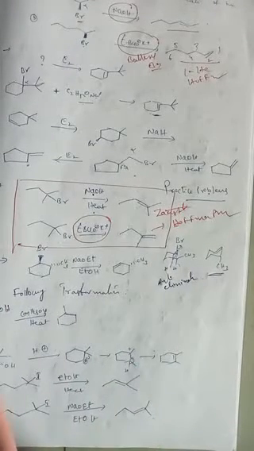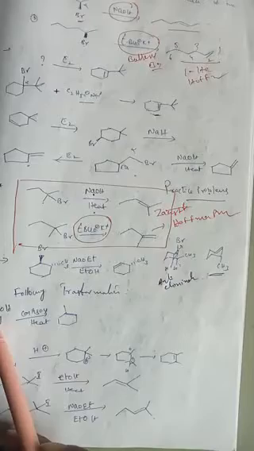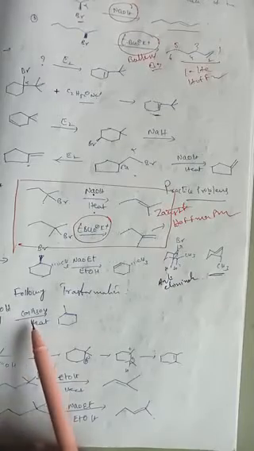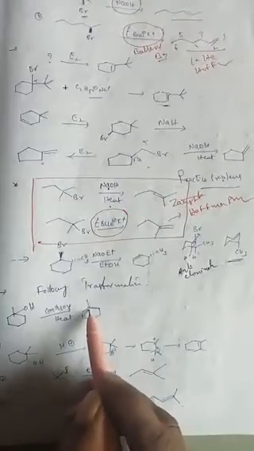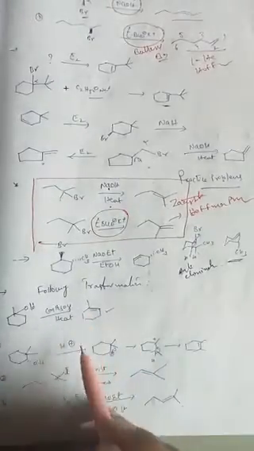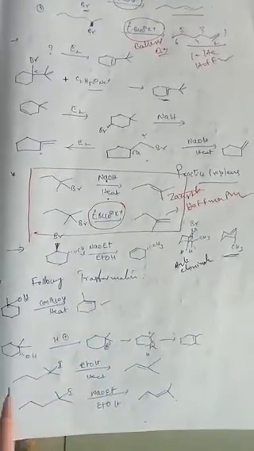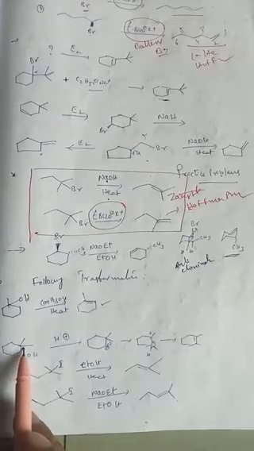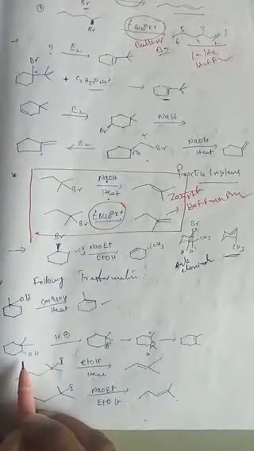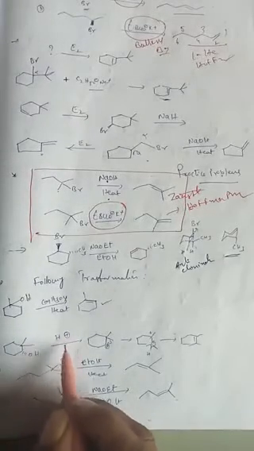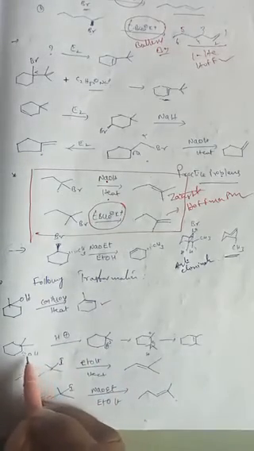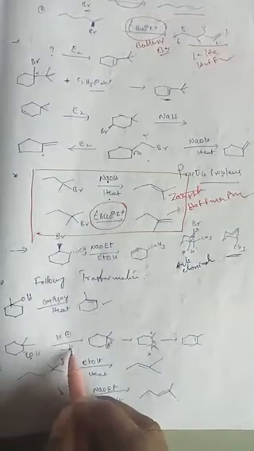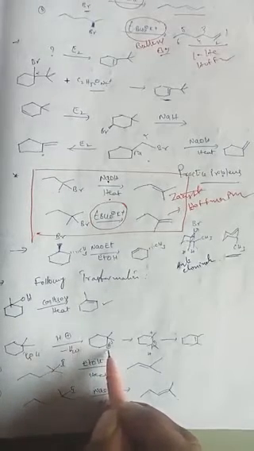And in presence of this one you can see 1-methylcyclohexanol in presence of concentrated sulfuric acid gives 1-methylcyclohexene, the more substituted alkene. Similarly, for example, 2,2-dimethylcyclohexanol in presence of an acidic medium loses a water molecule and forms a carbocation.